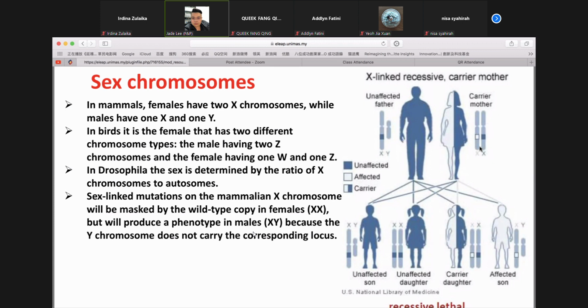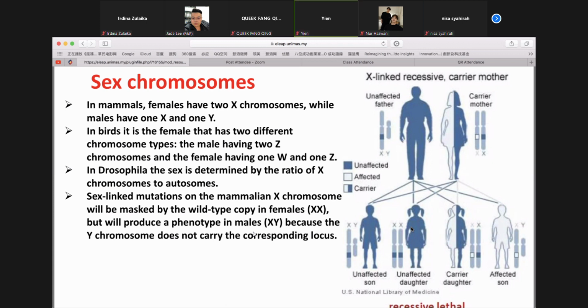Dan dia memang ambil Y daripada bapak dia. Tapi oleh kerana yang X-link ini hanya link kepada kromosom X saja, untuk perempuan dia tidak akan mendapat apa-apa efek, sama ada affected ataupun carrier saja, kerana X daripada bapak dia memang normal, betul tak?